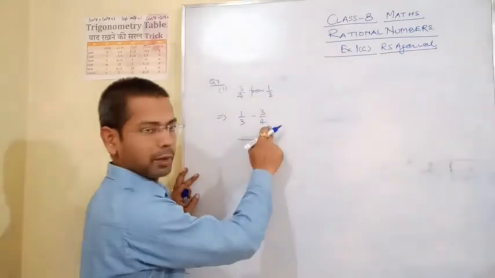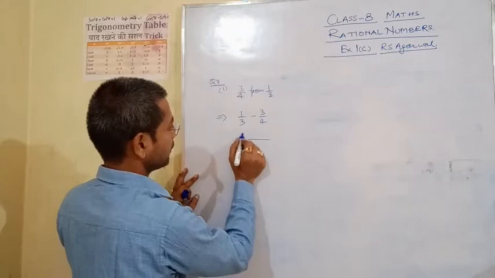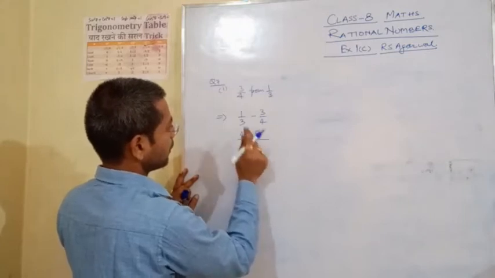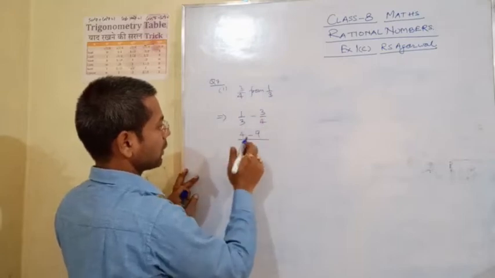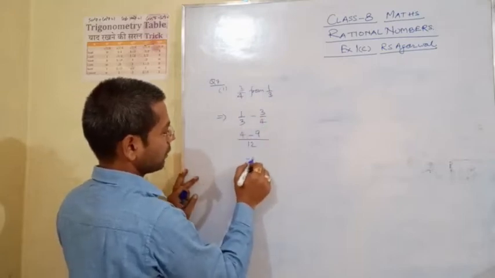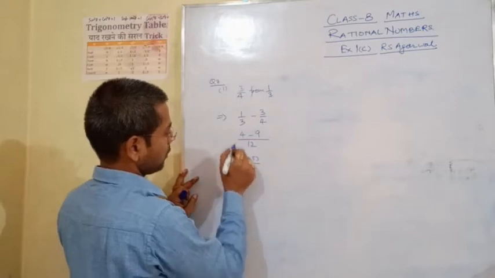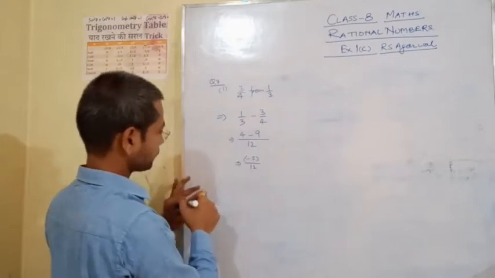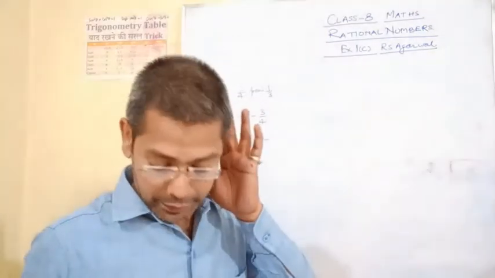Different denominators, so the LCM will be taken. It is 12. 4 ones are 4, 4 threes are 12, 3 threes are 9. 4 minus 9 is minus 5 upon 12. So minus 5 upon 12 will be the answer.